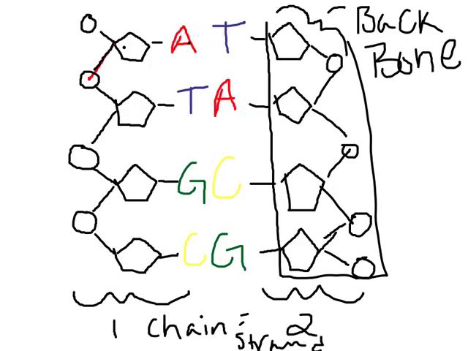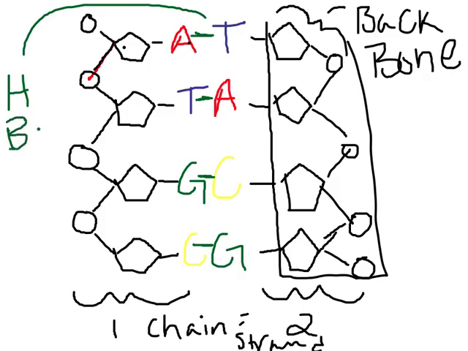Oh, one last thing. Forgot to talk about the bonds that hold these together. The bonds that are going to hold our A's, T's, G's and C's are hydrogen bonds. Hydrogen bonds are weak.